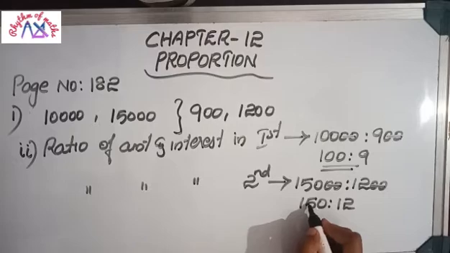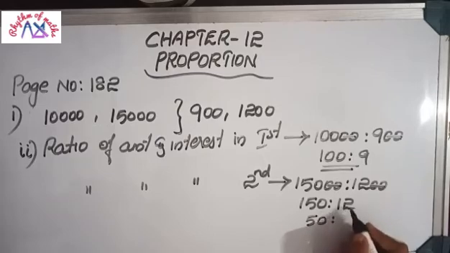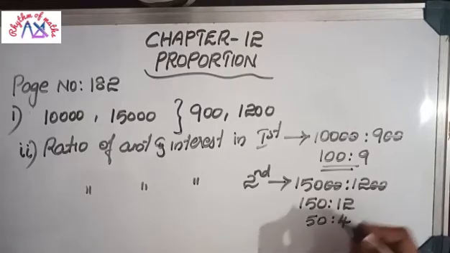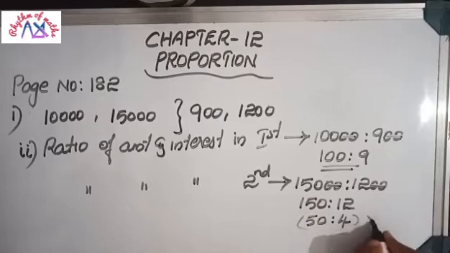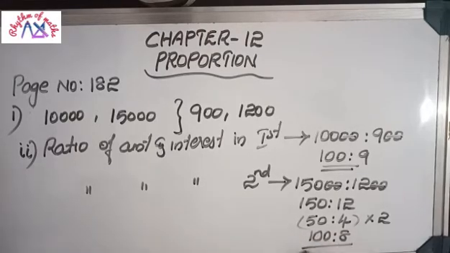In 15, how many 3s will be there? 5 3s are 15. In 12, 4 3s are there. So 50 is to 4. Now to convert this into 100, 50 into 2 is 100. So 100 is to 4 into 2, which is 8. That means for 100 rupees, 8 rupees is the interest.